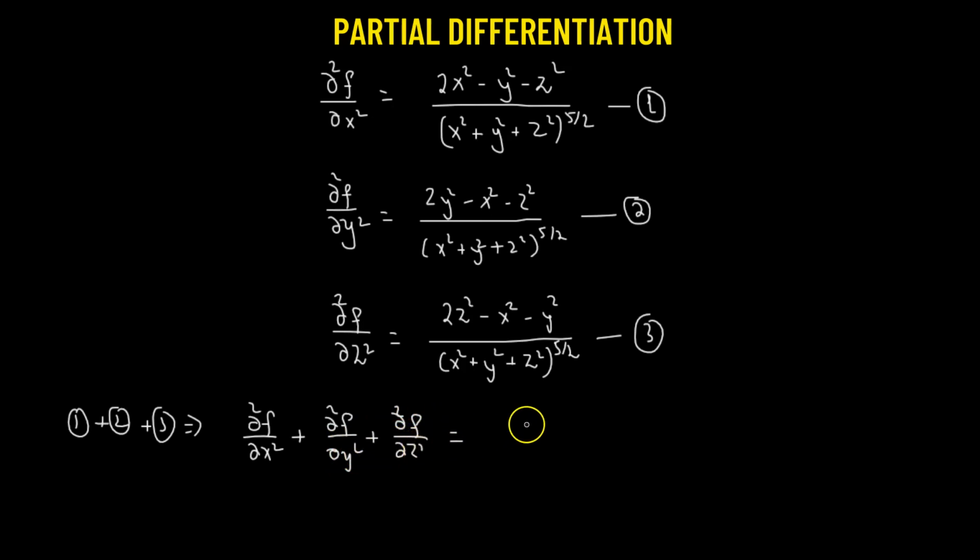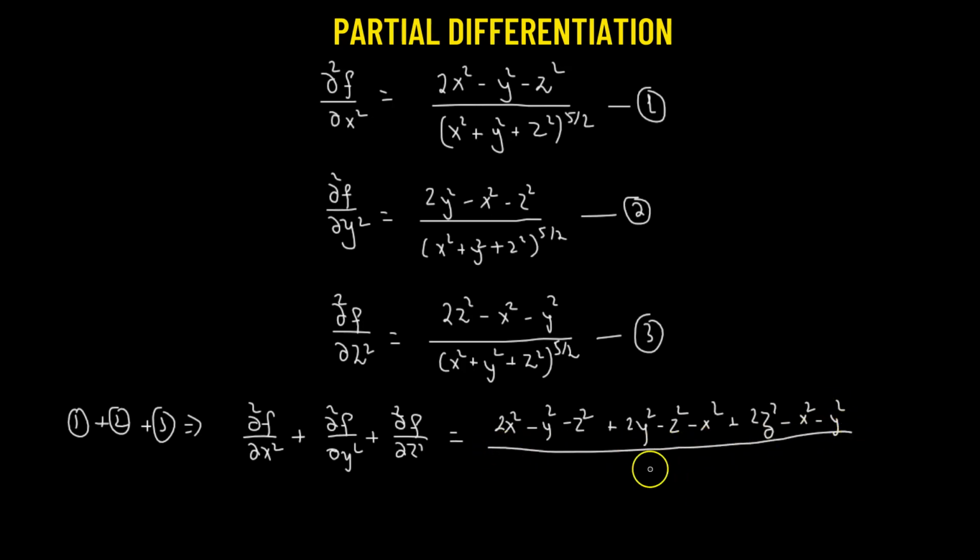This will be equal to 2x squared minus y squared minus z squared, plus, since we have a common denominator in each of the 3 cases, we add the numerators, 2y squared minus z squared minus x squared, plus 2z squared minus x squared minus y squared, all divided by (x squared plus y squared plus z squared) raised to the power of 5 over 2.